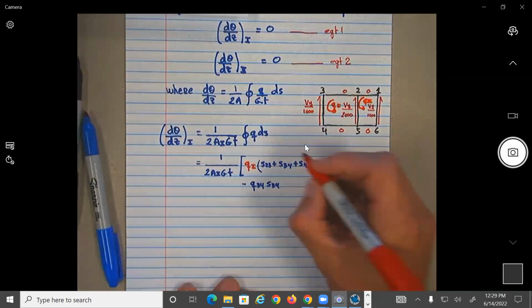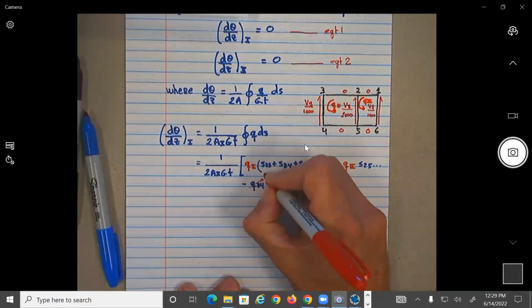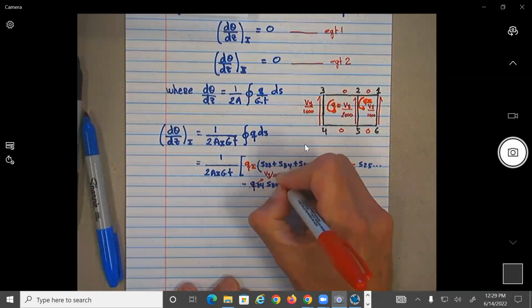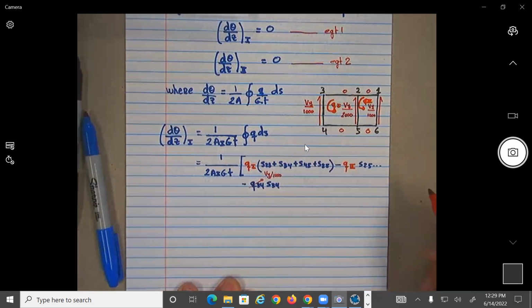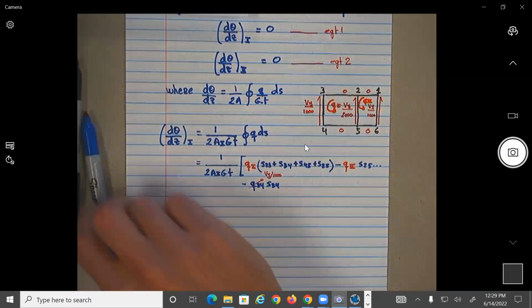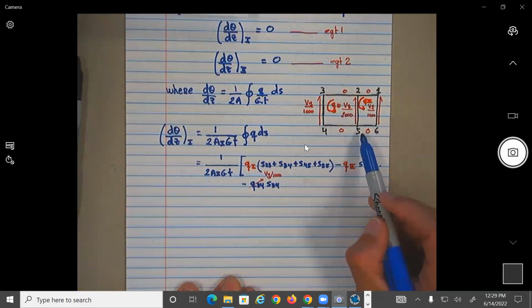What is Q34? Q34 is Vy divided by 1000. It's not the negative value, no? Because already I do from the figure, okay? All right. What else? Q45, 0.